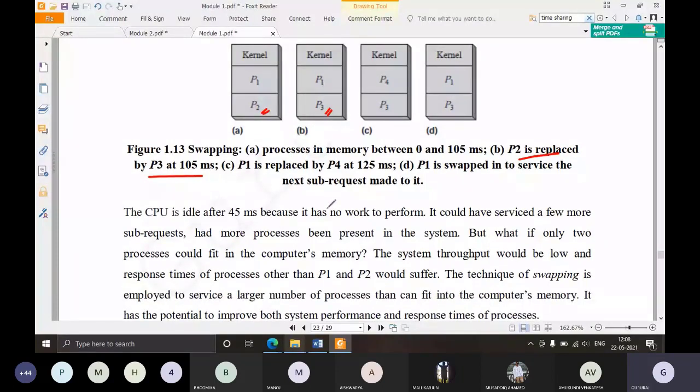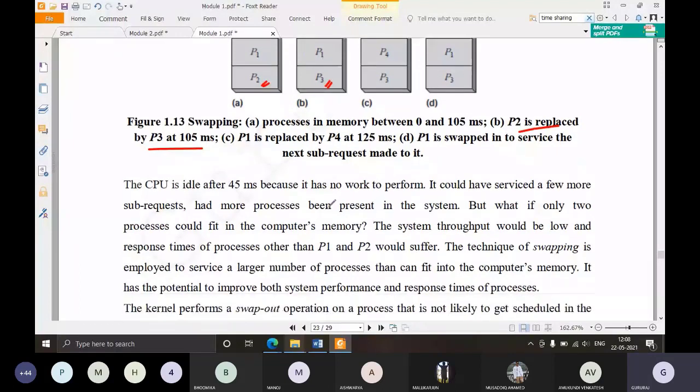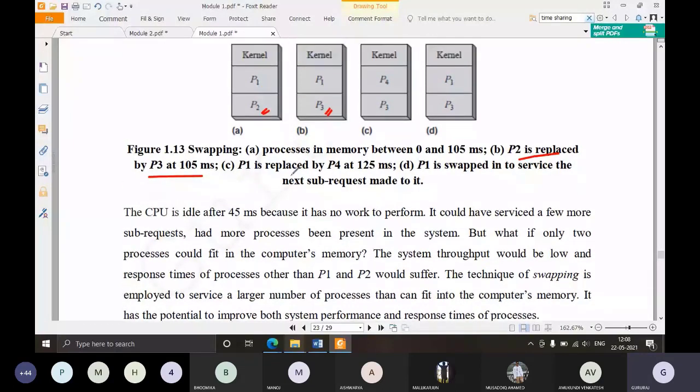Since it is not able to continue presently, it will be swapped out of the main memory, which is the RAM, and a new process will be brought into the same position, P3, so that at least P3 can do its operation. In the meanwhile, P2 is still waiting for the event because of which it is not able to continue. Once that event happens, it will be moved back, or swapped in. This is what swapped out and swapped in means.